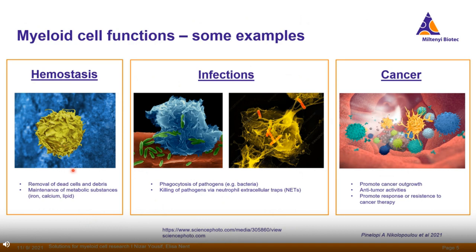For example, in healthy state, tissue macrophages are highly specialized in removal of dead cells and cellular debris and thus maintain proper organ function. Moreover, macrophages are involved in metabolism of iron, calcium, lipid, and other substances and contribute to the maintenance of these substances in the body.